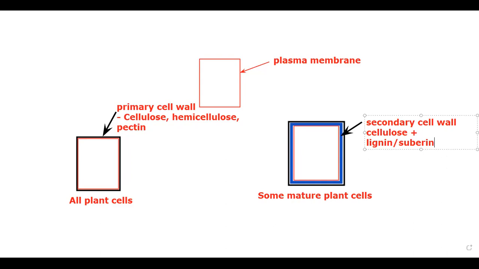What is the plant cell wall you will notice in all the plant cells? Primary cell wall. Some plant cells only make secondary cell wall, correct? In that case, the secondary cell wall has cellulose mixed with lignin or suberin. Are you clear?